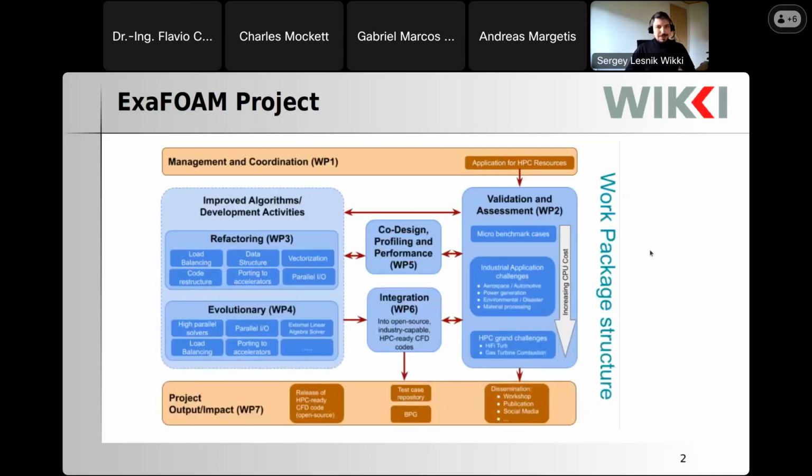Okay. So let's move on. Let's talk about the exaFOAM project. I have here an overview over all work packages, and I will guide you through this exaFOAM setup of work packages while I introduce the results of the Grand Challenge.